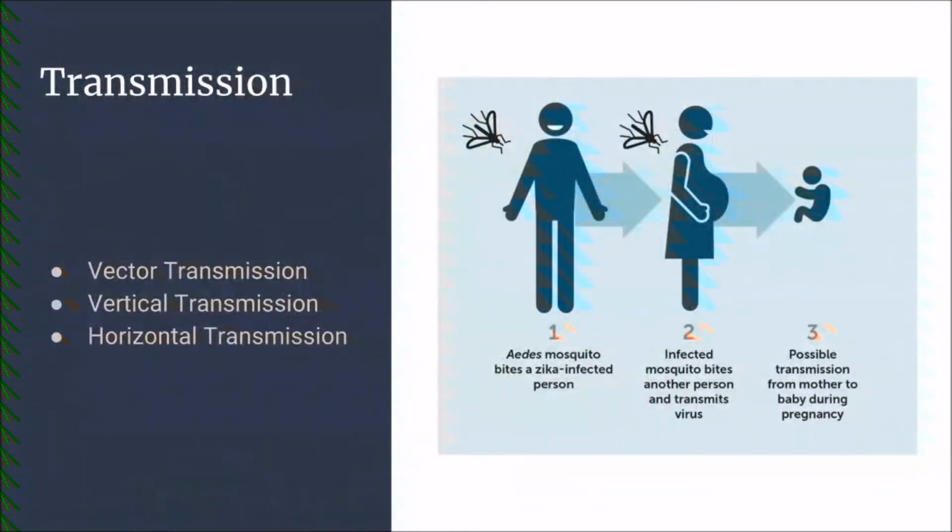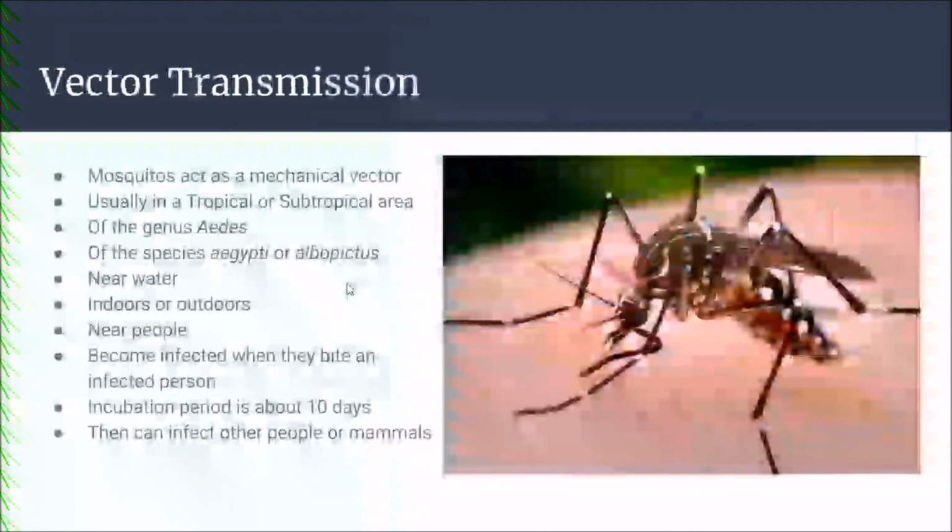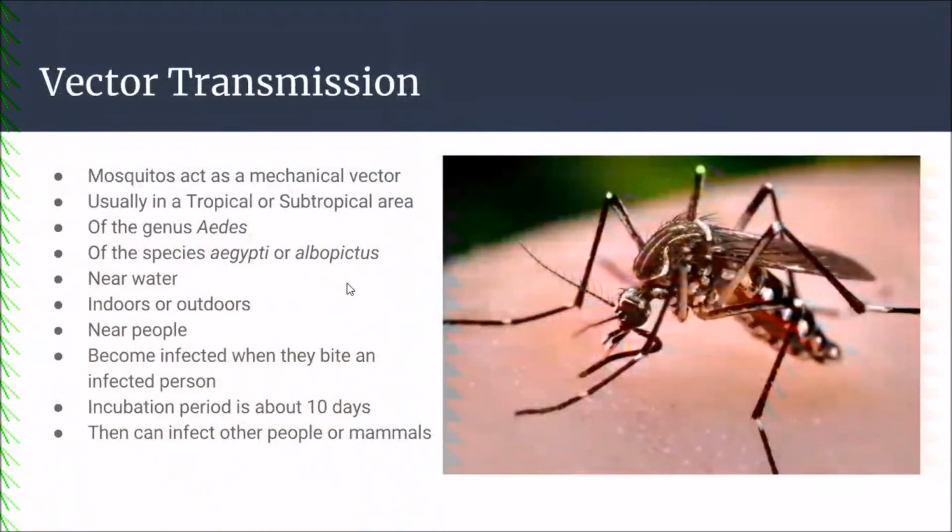The Zika virus can be transmitted in 3 different ways: vector transmission, vertical transmission, and horizontal transmission. In vector transmission, Zika is transmitted through mosquitoes that act as a mechanical vector, usually in tropical or subtropical parts of the world.